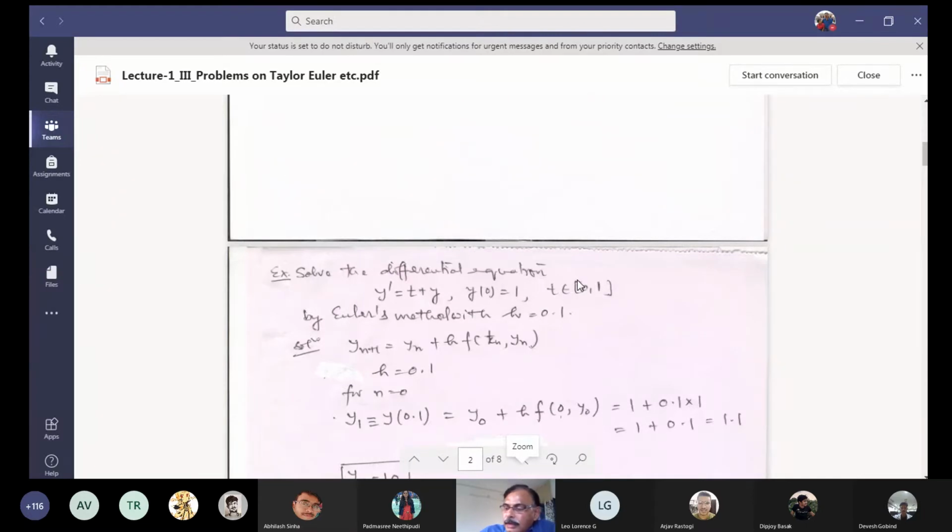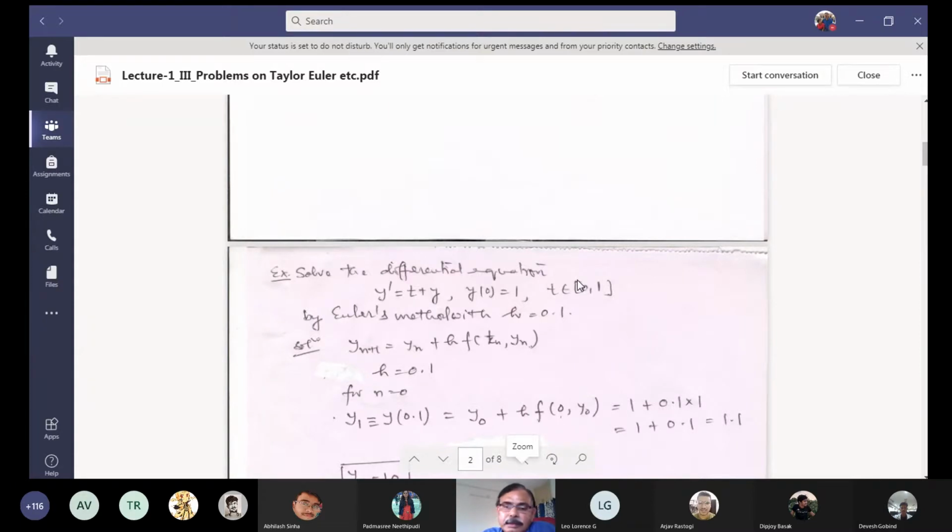So write 1 plus 0.1 into f at the point t0, y0. What is t0? t0 is 0, and f is given as t plus y. t is 0, so it is 0 plus y, and y0 is given as 1.